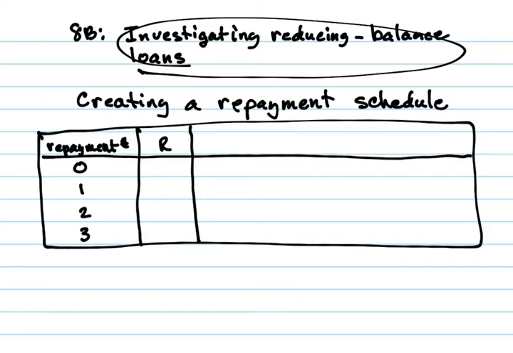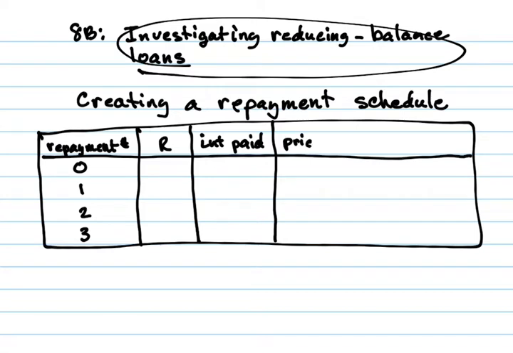Okay? Then the next column is interest paid. So this is the amount of interest that you're going to pay during that compounding period. And we'll talk about how to find each one of these values in just a moment. They're very easy to find.